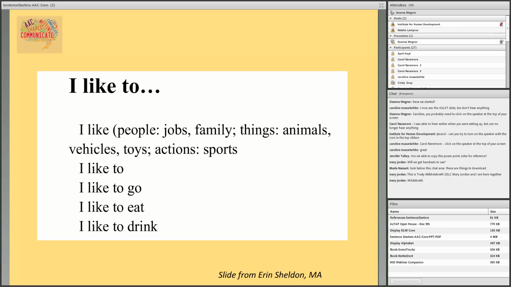If we do I like to go, now we can put in places. When we add I like to eat or I like to drink, now we can have the students' preferences for things that they eat or drink from their communication displays, but modeling it in a frame that helps us show how to make some comments or how to share about things that I like.